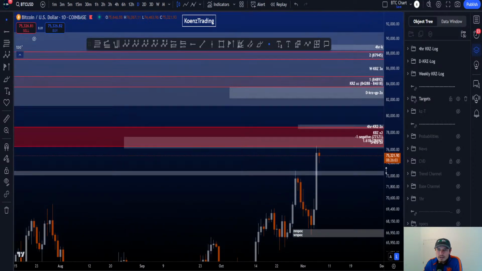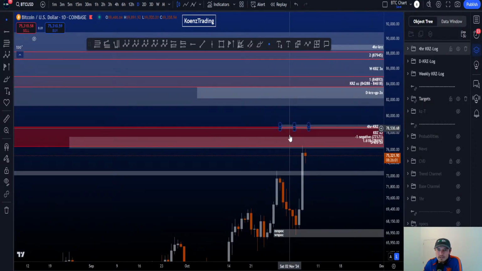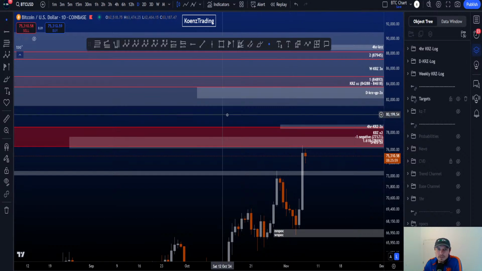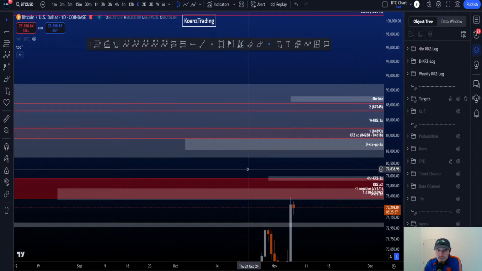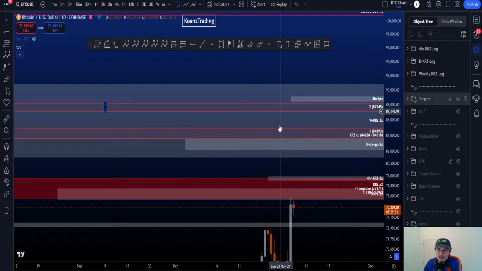On the chart, it's actually nice that the red box here is engulfing the two areas I found now, so that's a nice little bit of confluence. These are fibs only, these two red ones here, so I'm not sure if I want to keep those.